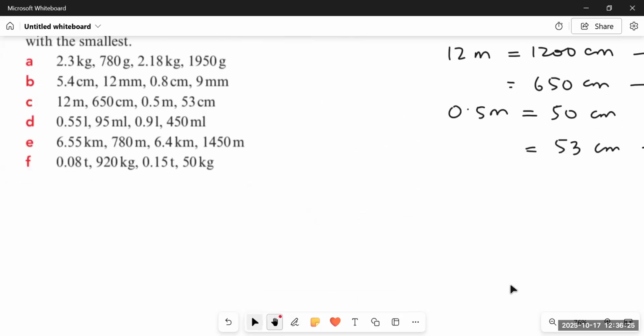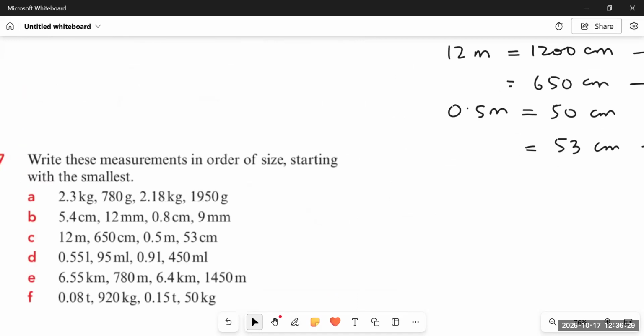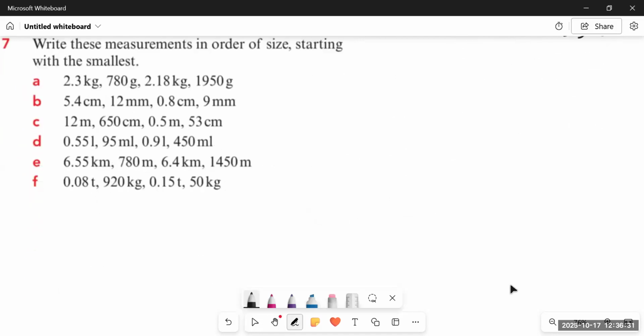Okay, students? Do not get confused in these quantities. You just have to convert them into similar units and then you have to solve them. Then we have 0.55 liters and 1 liter is equal to 1000 milliliters. So it would become 550 milliliters.